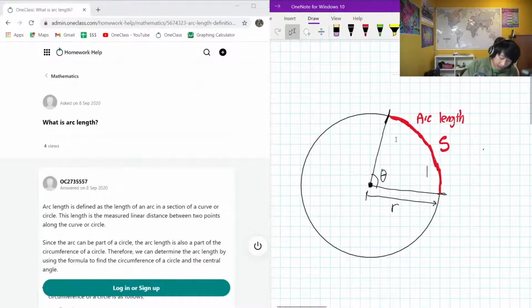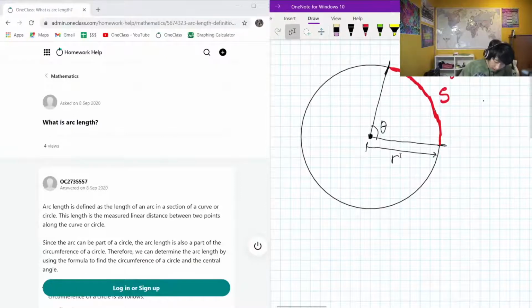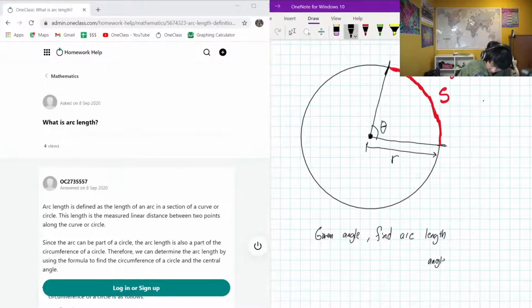Well, to calculate that, if we say given angle, find arc length, you would just do angle over 360 degrees multiplied by 2 times pi times radius. Okay, so this would be your S of theta.